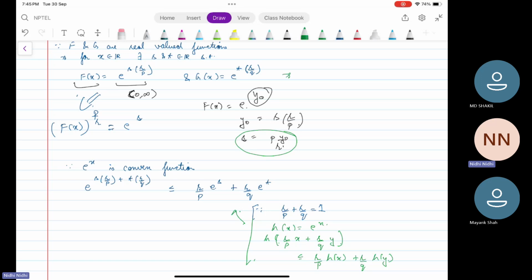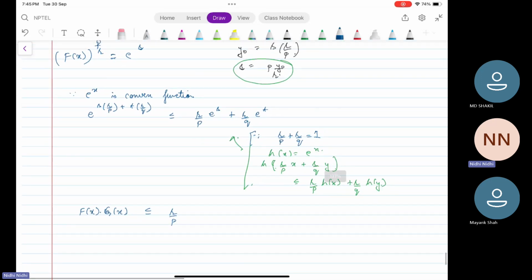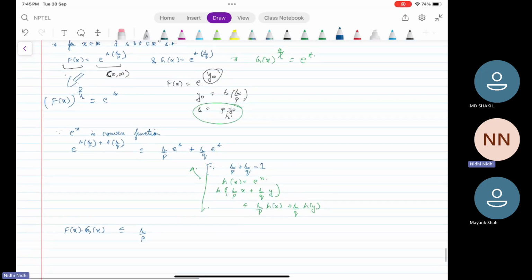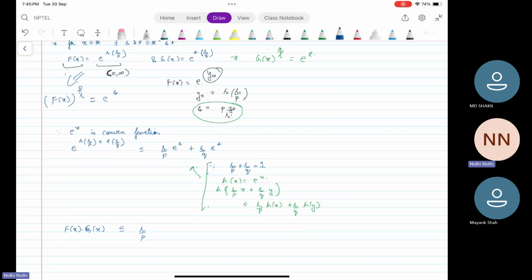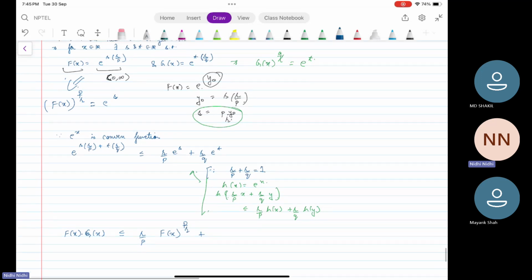Similarly, g(x) to the power q by r is equal to e to the power t. So this is less than or equal to r by p times f(x) to the power p by r plus r by q times g(x) to the power q by r.